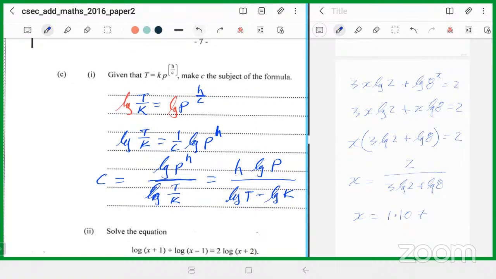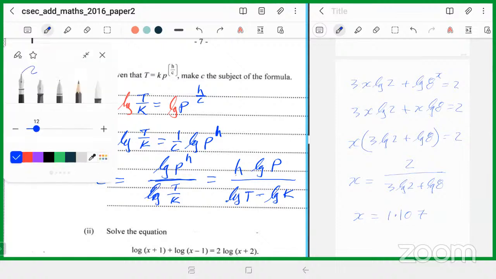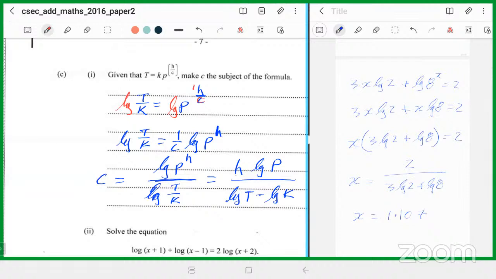So I feel if I left this, it will still be good enough. What about that? And you all saw how I moved the c under here, which is really 1 over c. So I moved the 1 over c to the front. I did not need to move the h. All right? And that is it.